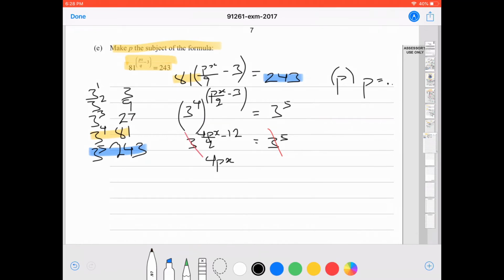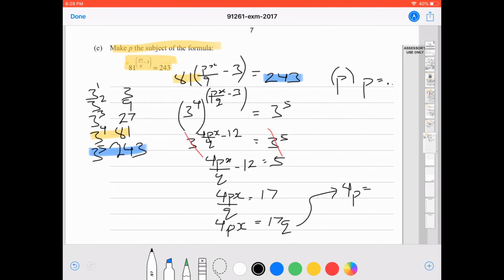So 4px over q minus 12 equals 5, and so we can rearrange for p here, and we can say 4px over q equals 5 plus 12, so 17. 4px equals 17q, and we're almost there, we're just doing it in steps here.